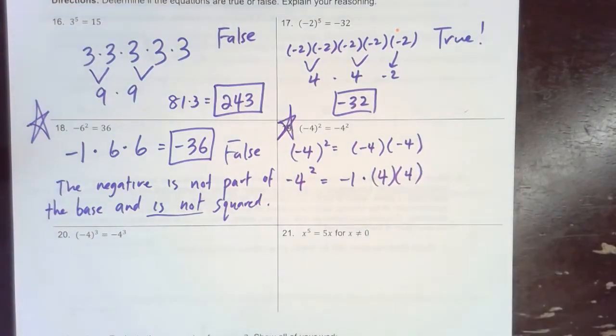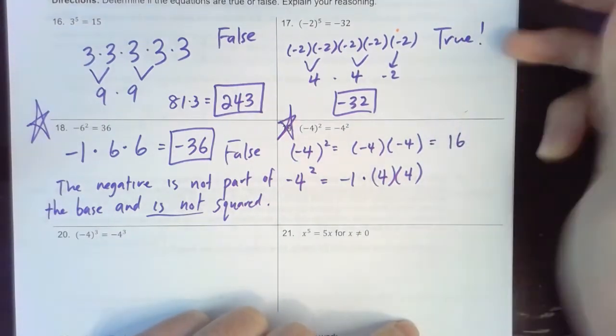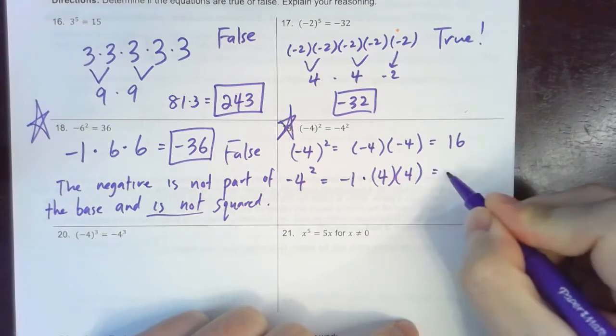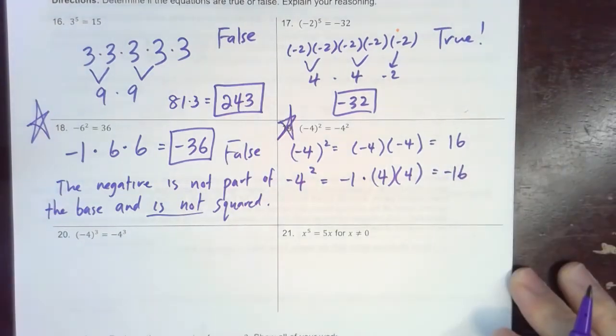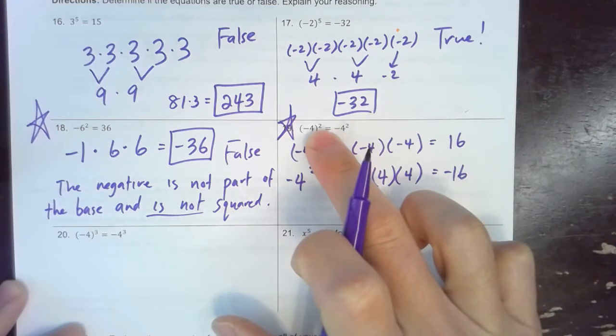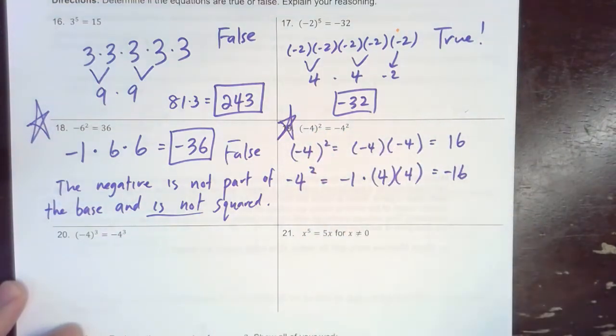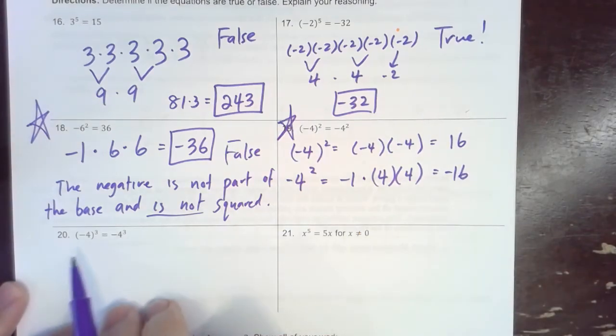So I know they look very, very similar, but they are not exactly the same. And you will end up getting 16 for the first one. The other one is going to be -16. Okay, so please, please be careful with something, especially when they're even functions. When they're odd functions and this is a cube, a 3 instead of a 2, then you actually realize that they both have the same output, which is actually the next question, number 20.